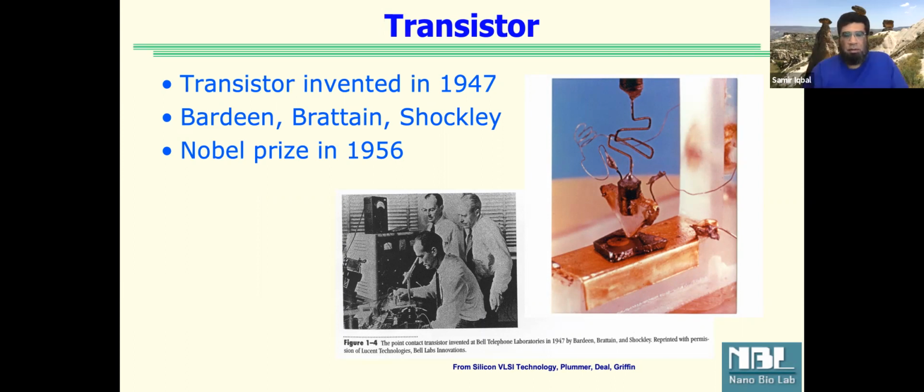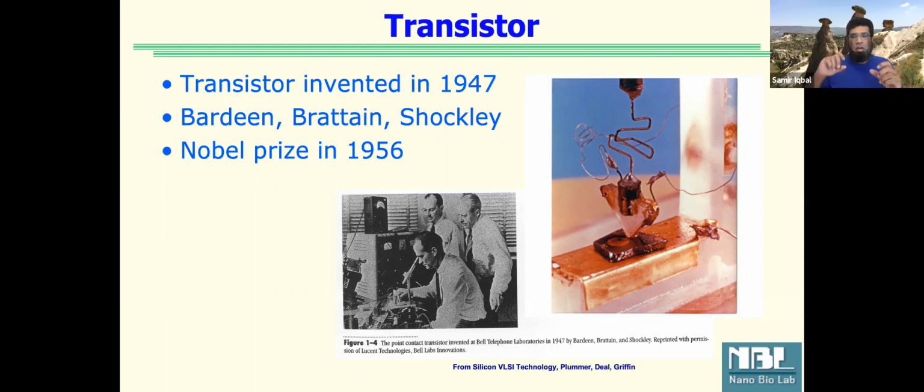We know a resistor, right? Everybody knows a resistor. A resistor has one unique resistance value, 10 ohm, 10 kilo ohm, 1 meg ohm, whatever. But a transistor is a device where you have a third terminal with which you can change the resistance of that resistor. So by what we call on and off: when you say off, we increase the resistance dramatically, and no current can flow.